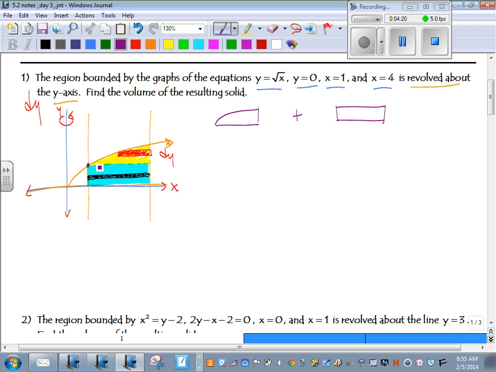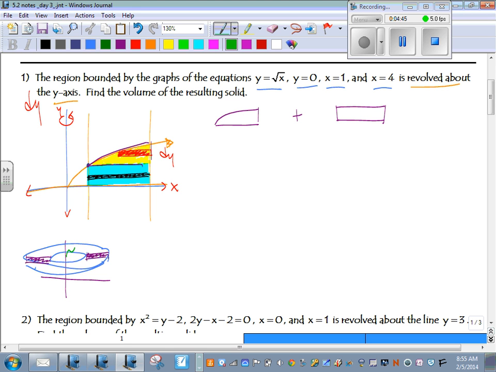So let's look at this portion first. Remember, we were talking about drawings here. We've got this horizontal rectangle, and not that this is a big deal now, but once we start dealing with shells also, it's going to help you to visualize what we're dealing with. If we spin this around, we see we've got a washer.